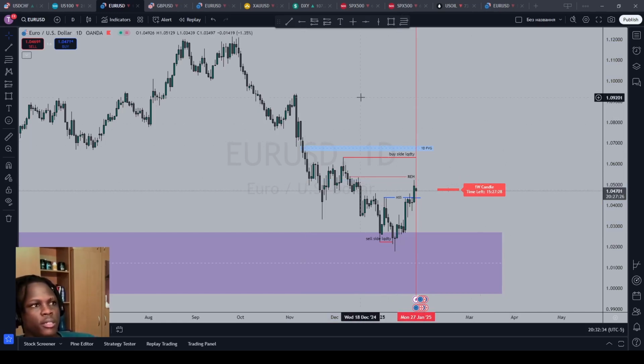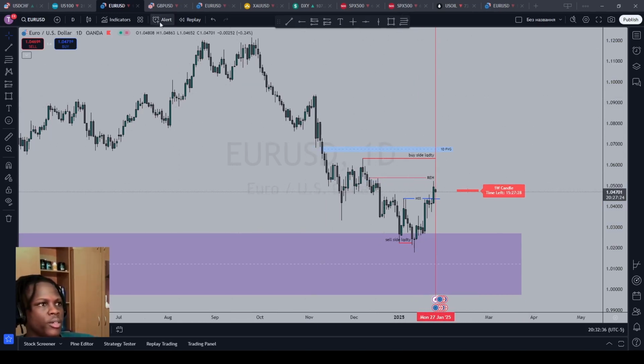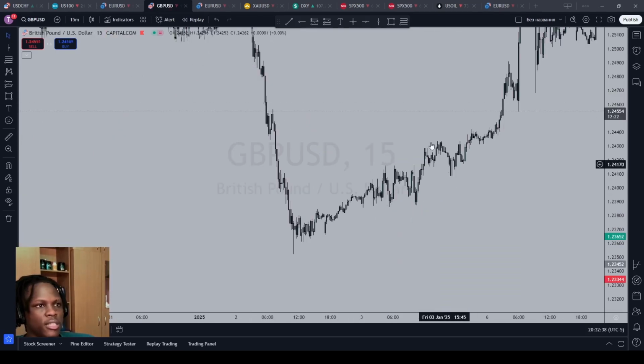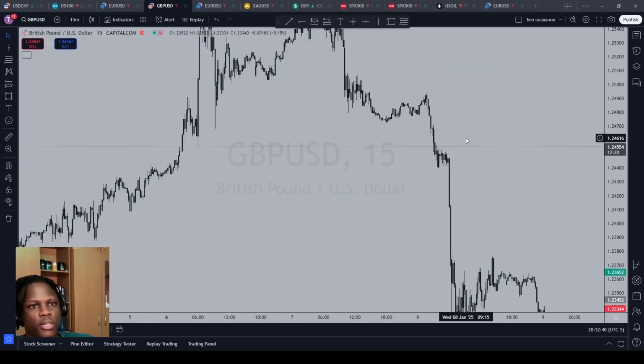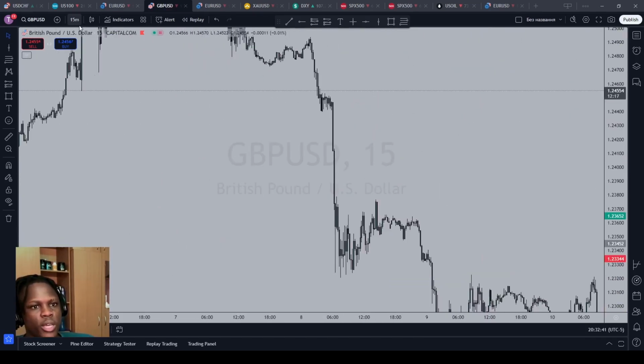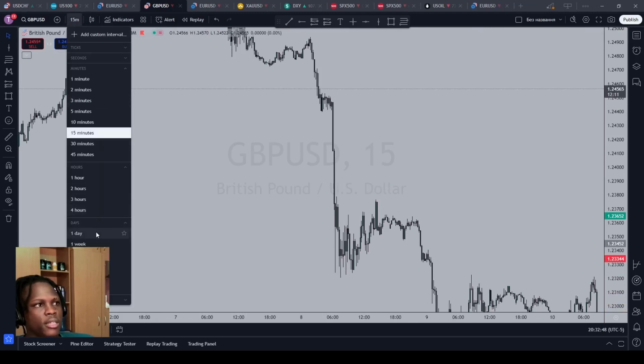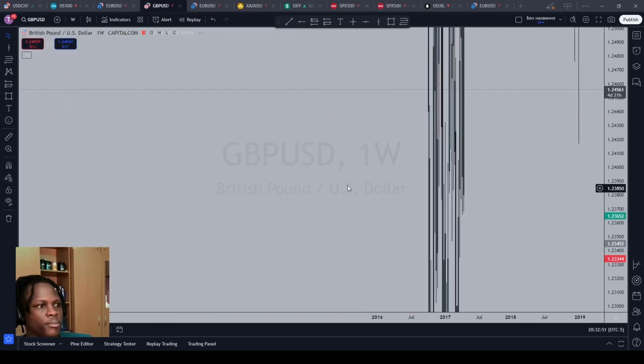This is the GBP. This is the Euro USD. So you can actually take the same measurements and put them on the euro and the pound.